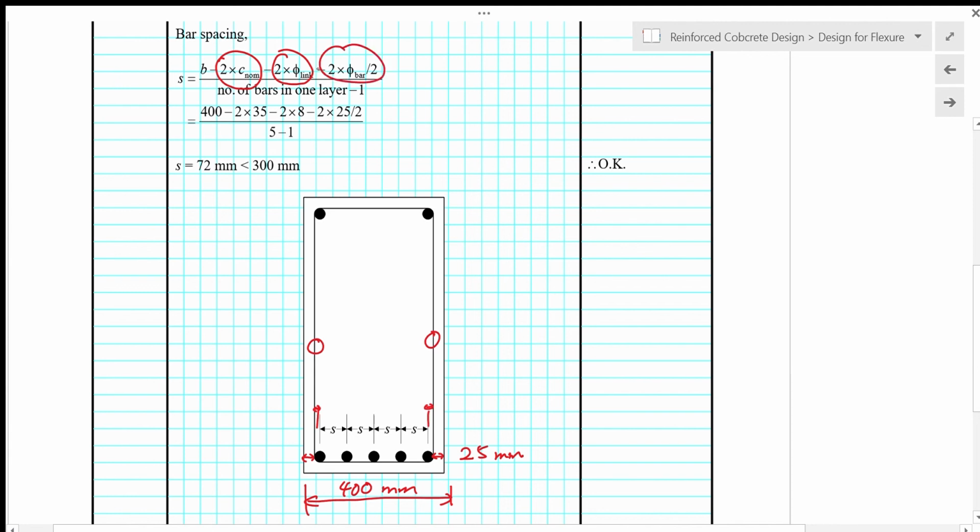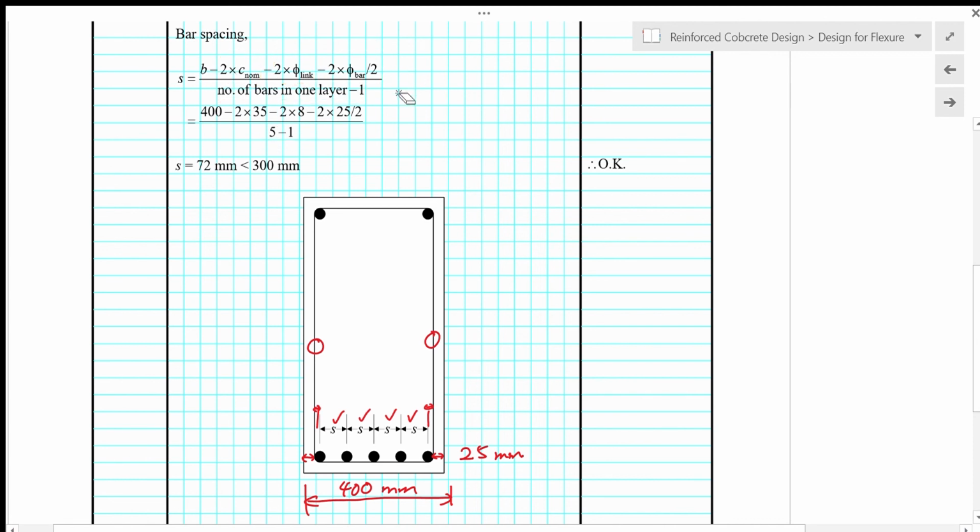Then we divide by the number of bars minus 1, which is the number of spacing that we have. So for 5 bars we have 4 spacing.